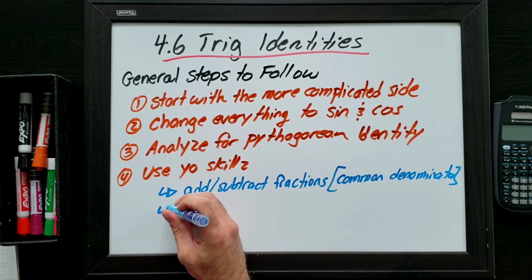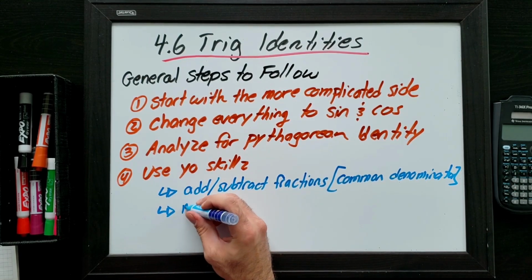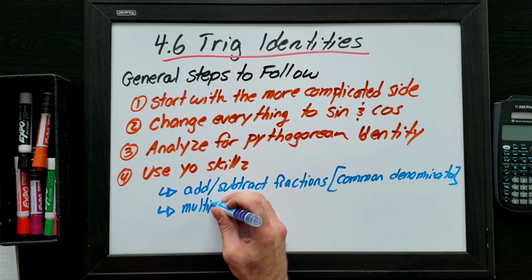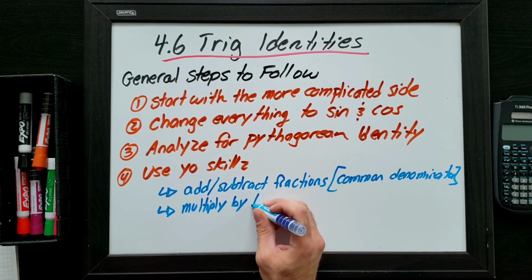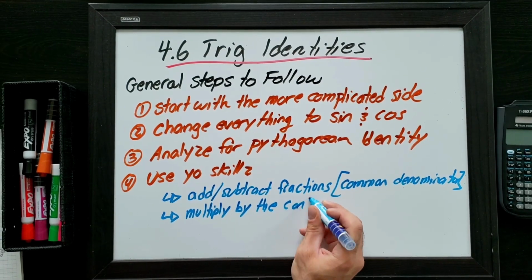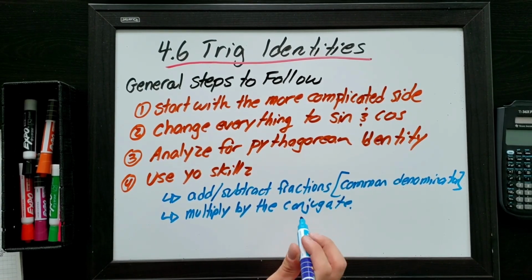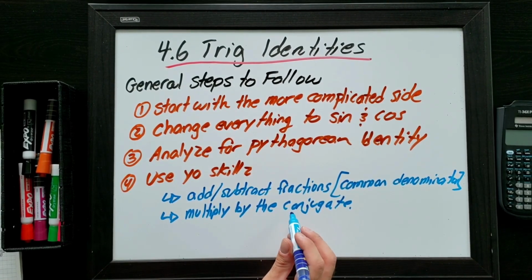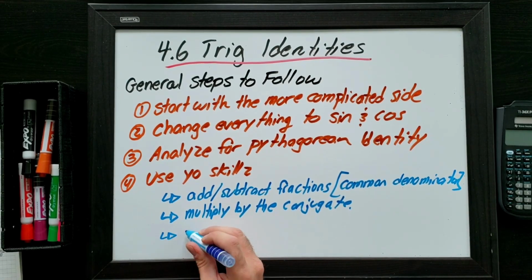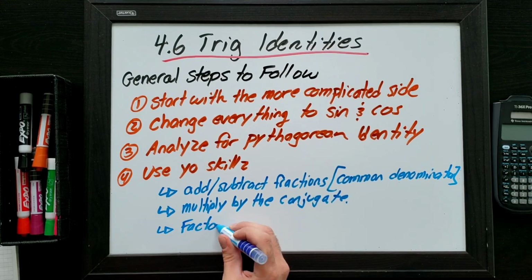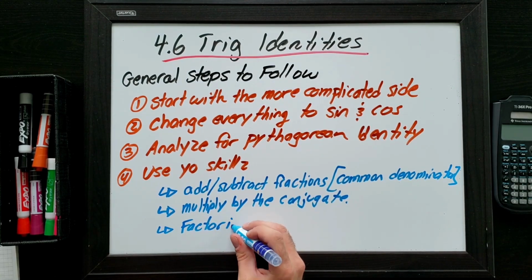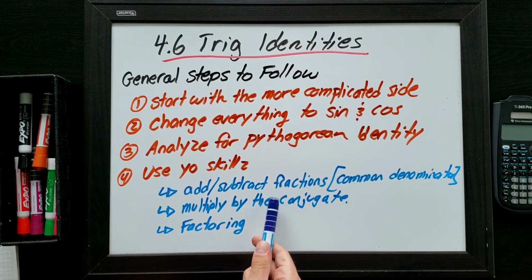The second skill, which is a new one, is to multiply by the conjugate. You have no idea what this means, and I'm going to explain it when we get into an example that requires it. Number 3, factoring. Now, these are not steps that we do every single time. We don't always multiply by the conjugate.